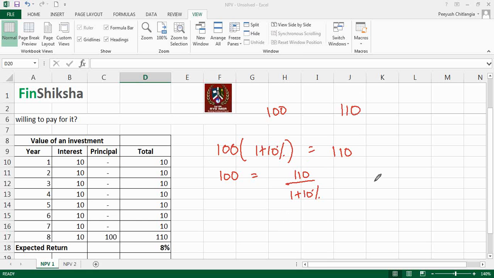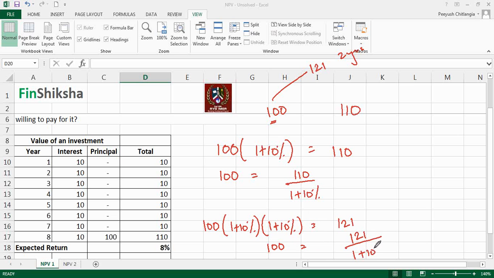Let's assume you had an instrument that gave you, instead of in 1 year, 121 after 2 years, right? So 100 invested at 10% and then again invested at 10% should give you 121, which means you would be willing to put in 100 in this if you were getting a 10% return for 2 years.